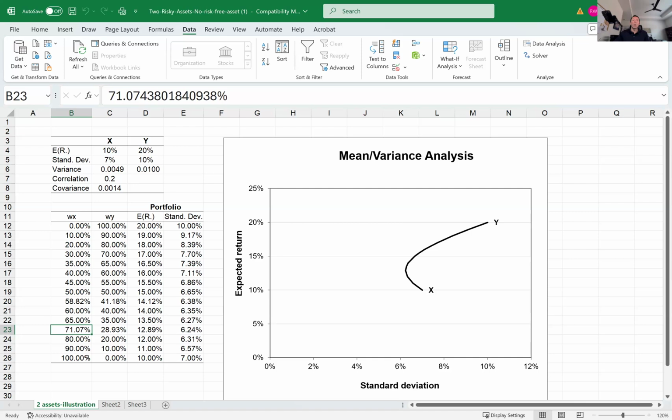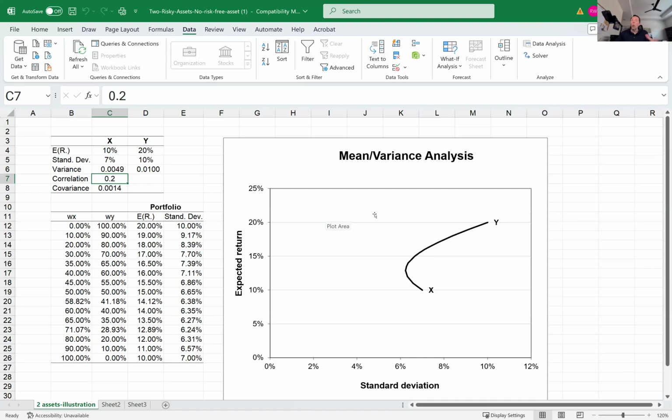So when you put 71.07% of your money in X, to be more specific, 71.0743801 and so on, and 28.93% of your money in Y, you've got an expected return of 12.89% and a standard deviation of 6.24%. With this particular X and Y and this particular correlation between them of 0.2, that is the minimum variance portfolio.